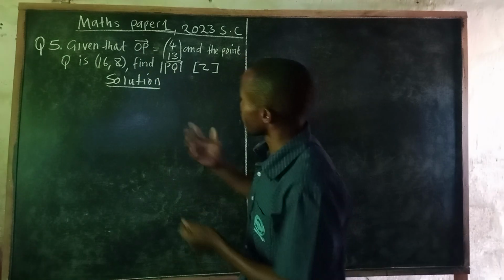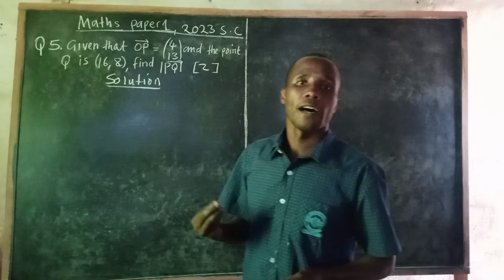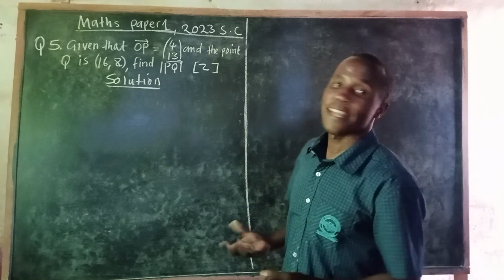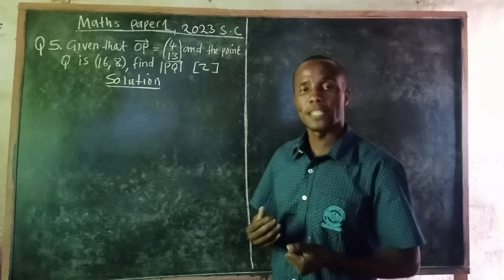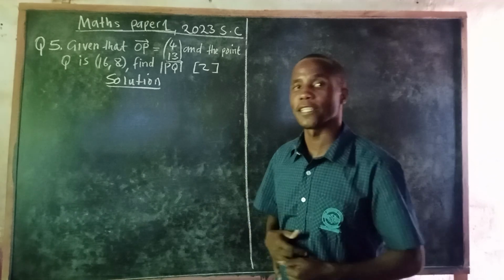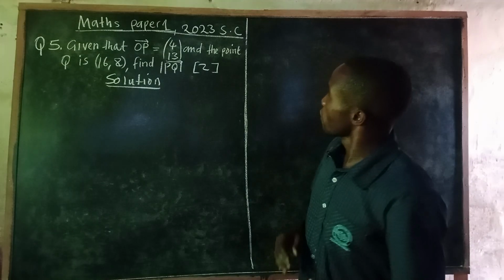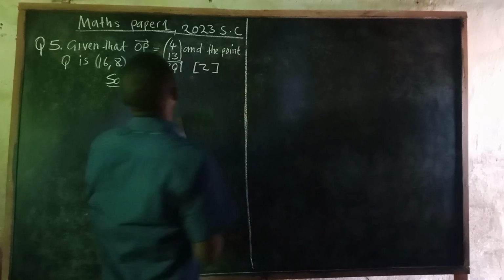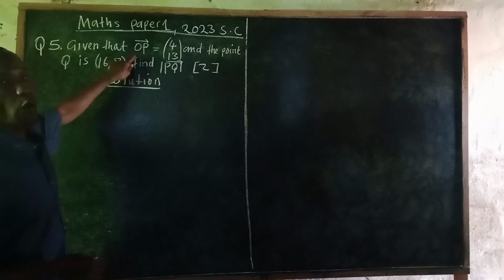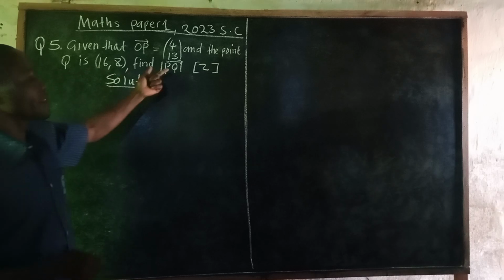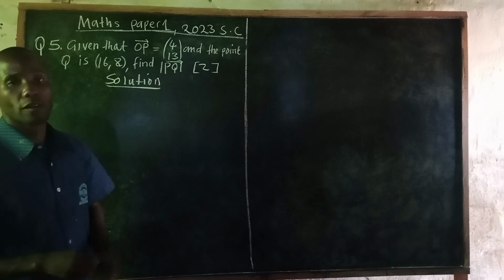That is what makes it different from other quantities. Vectors have both direction and size, or magnitude. So now, since we are given that OP is this and the point Q is this, find the magnitude of PQ.